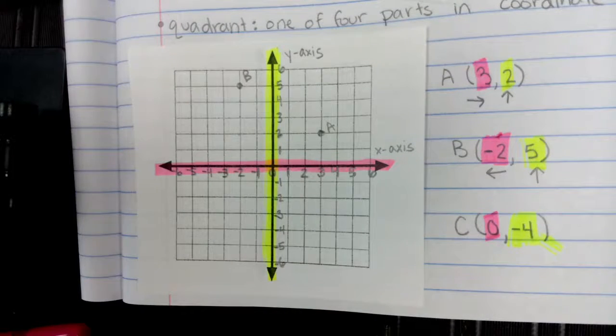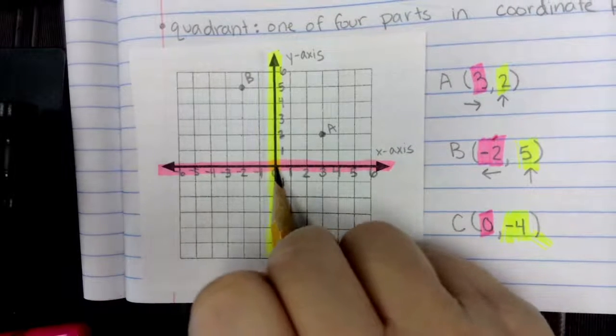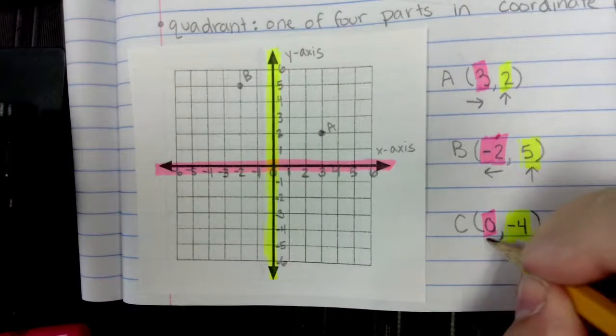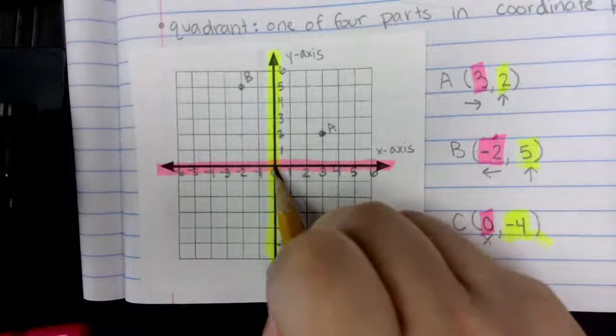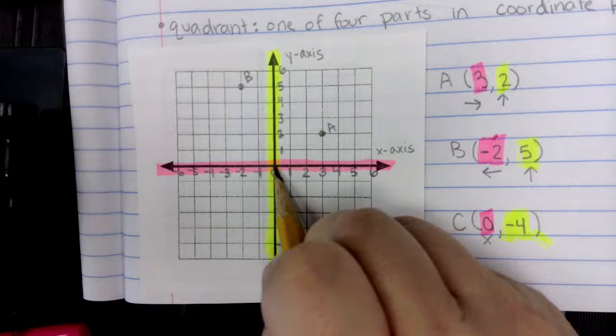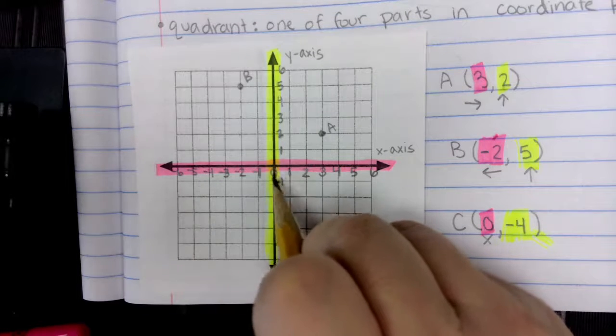So I'm thinking, where is 0 on the x-axis? Right in the middle. So am I going to move left or right to get to 0? Neither. I don't move at all. So I'm going to just kind of put an X there telling me to stay put. And then where am I going to go for -4? Down. So I'm on my actual yellow line here.